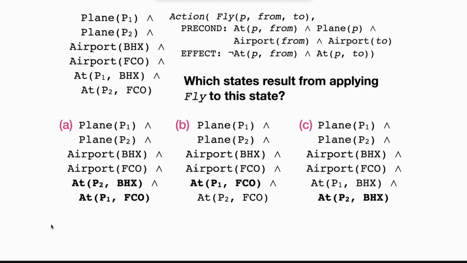I'll give you a minute or so to think about it. The answers can be any number of A, B, C, A and B, A and C, B and C, A, B and C. So it can be any combination of A's, B's, and C's. The question is, which states result from applying action A, our fly action, to this state? And I'm specifically looking for only moving one level down in the tree.